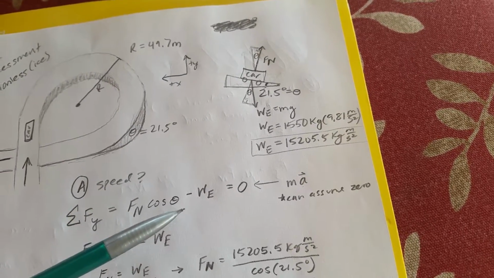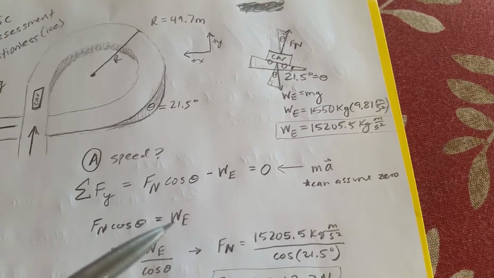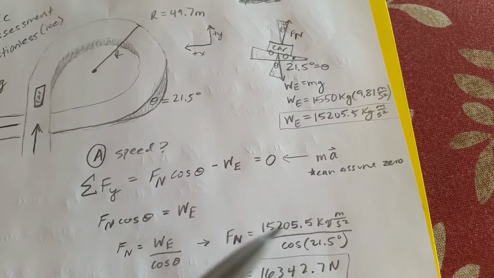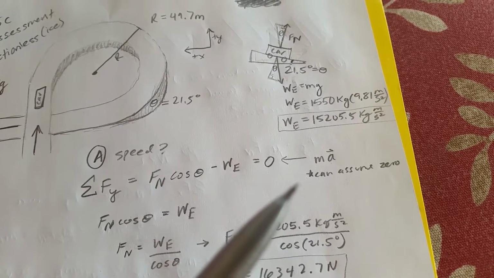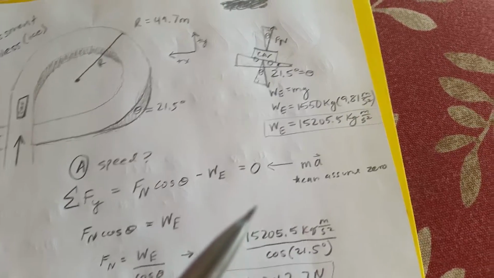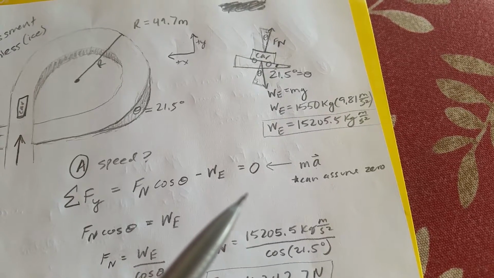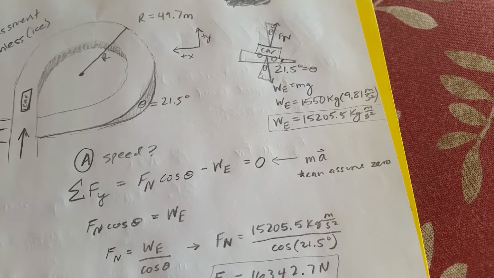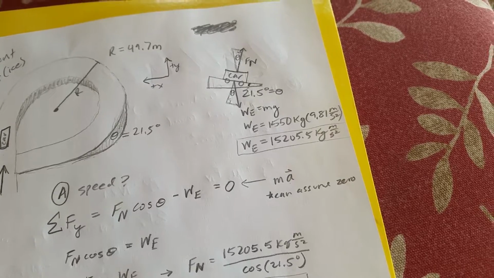So you subtract that, and it should equal ma, except you can assume that the right half of the equation equals 0 because it's not accelerating at that time.